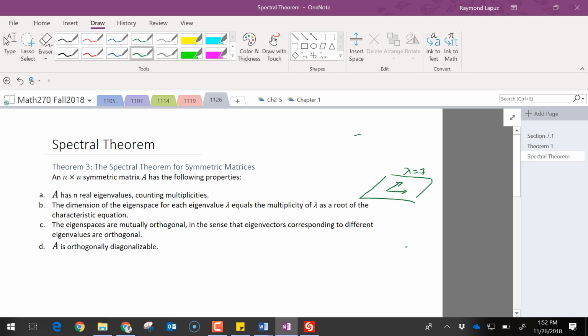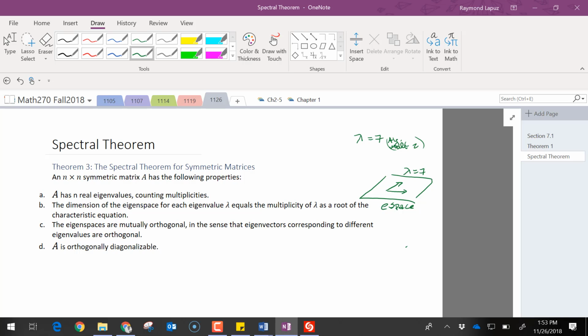So lambda equal to 7 has algebraic multiplicity of 2, and so the eigenspace should also be two-dimensional.